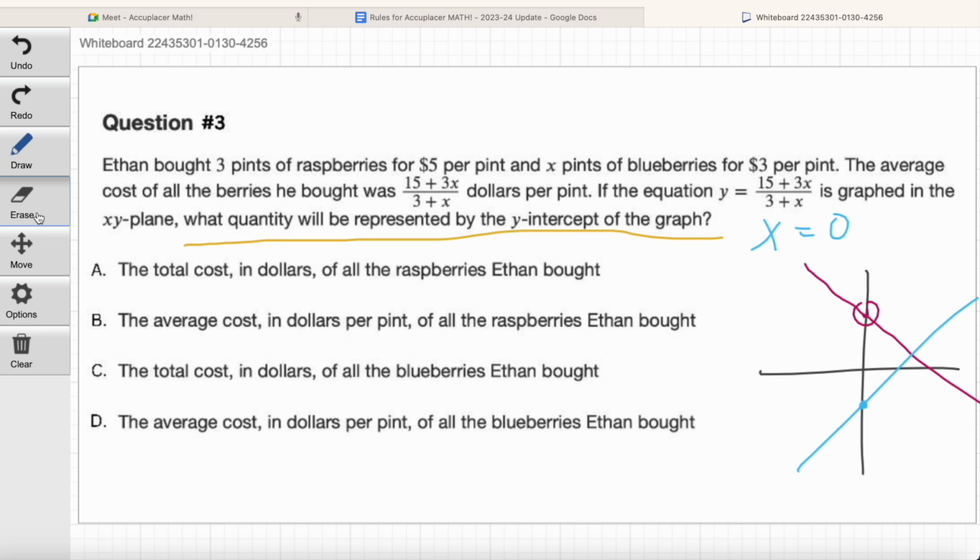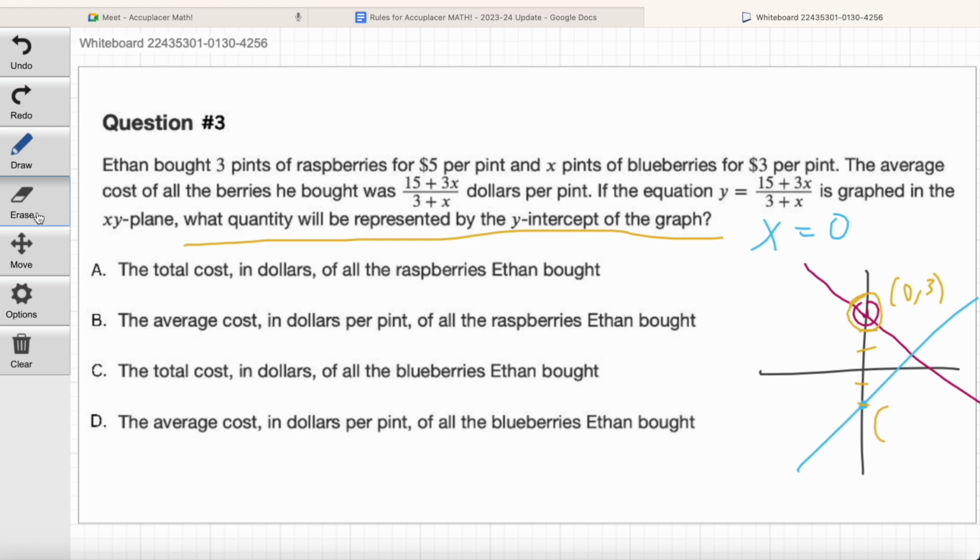Well, what's the y-intercept right here on that line? What's the x value at that y-intercept? The x value is 0. If it's touching the y-axis, that point there, let's say that's the point (0, 3), the x value there is 0.